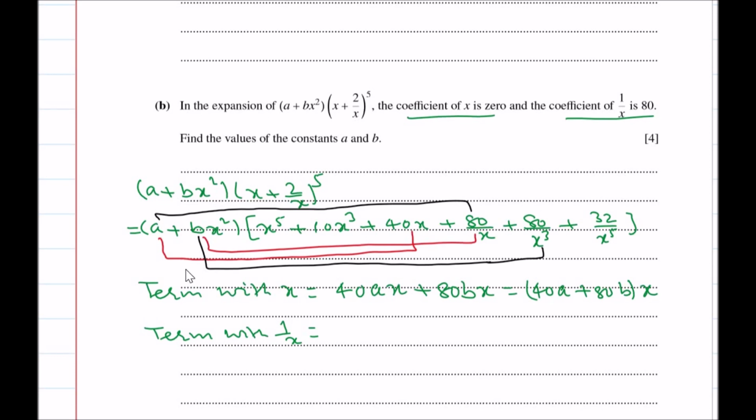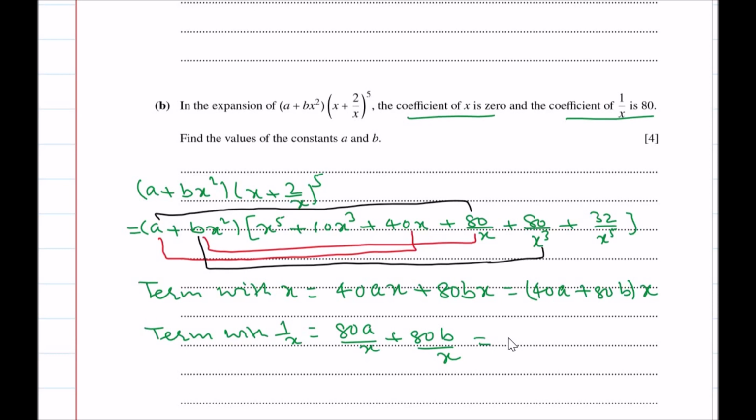Okay. Now if you multiply, we get 80a by x plus, now if you multiply bx square with 80 by x, then we'll be getting plus 80b by x.